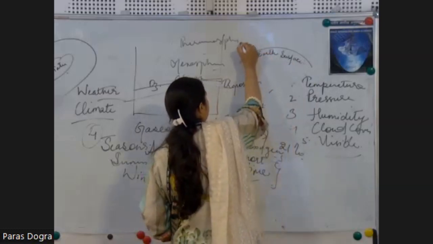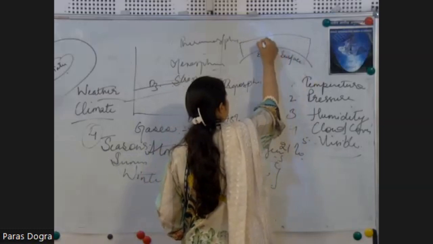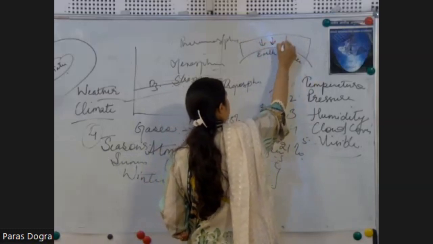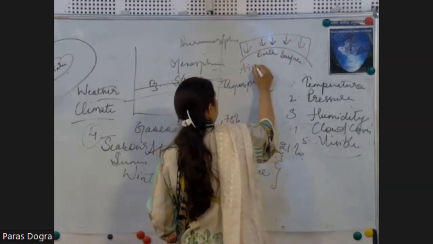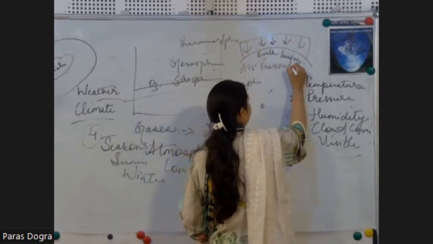So a particular column of air is exerting its pressure on the Earth's surface. And this pressure is known as air pressure or atmospheric pressure.